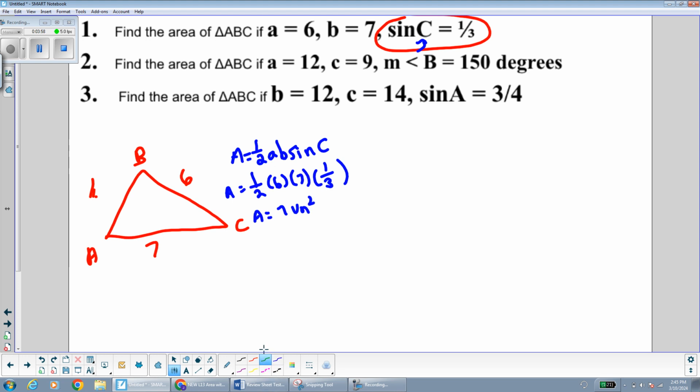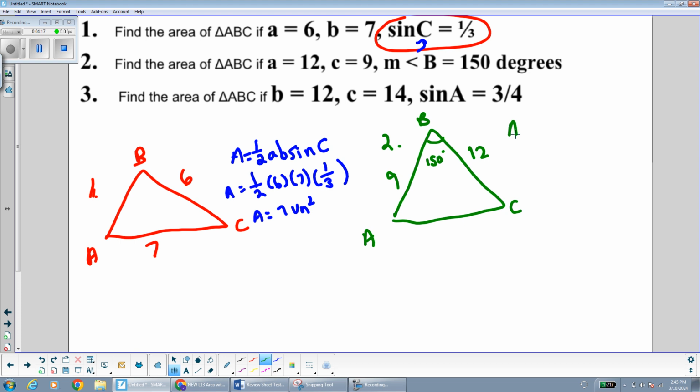Moving on to number 2, we're finding the area of a triangle ABC, and we're told that side A is 12, side C is 9, and angle B is 150 degrees. Once again, we have two sides and the angle in between. So we can use our formula 1/2 AB sine of angle C. The two sides next to each other are 9 and 12, and then we need the sine of the angle in between, which is 150 degrees.